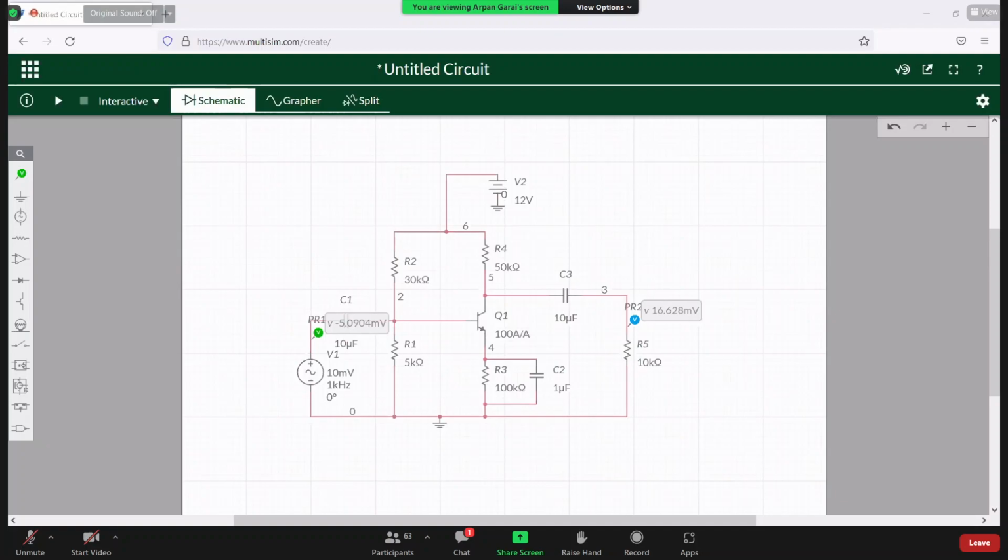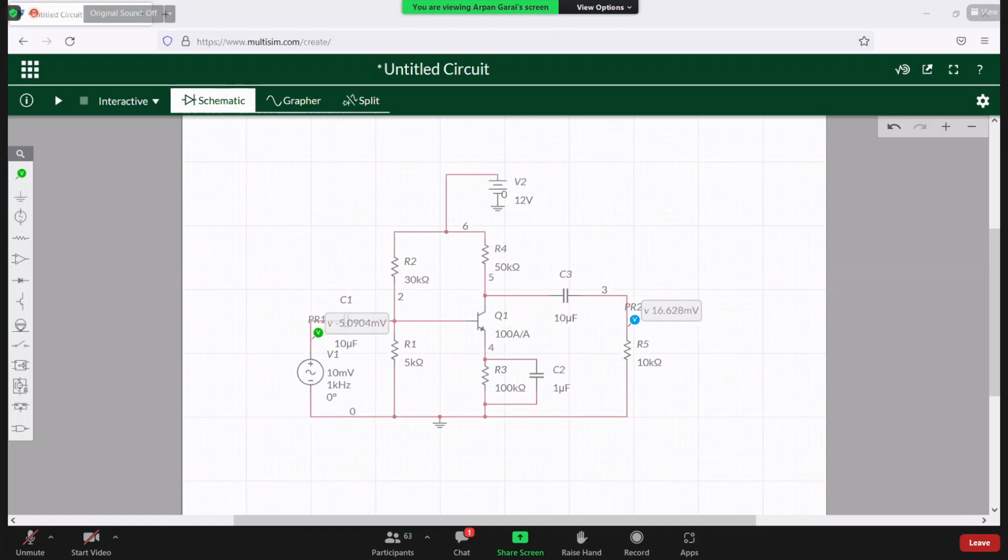Are you getting what is going on? You can see by changing the resistance value and also the capacitor value, you just slightly alter all those values and try to see what is the change in the output graph.